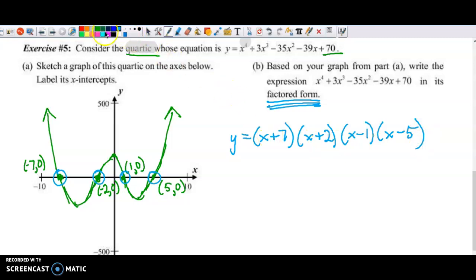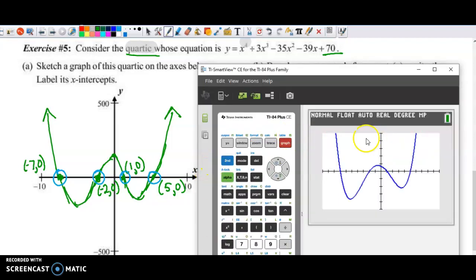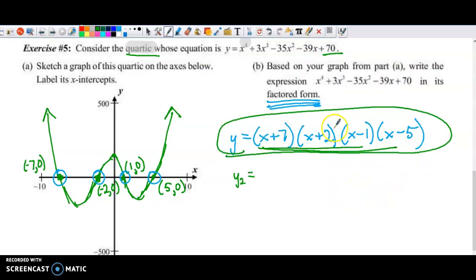And again, I'm trying to keep this video short, but you can double check that this is correct if you go to your graphing calculator and into another equation, type into y2 the same thing. And what will happen is your graph will overlap with a red color on top of it. But I'll let you explore that on your own. And this is the correct answer.